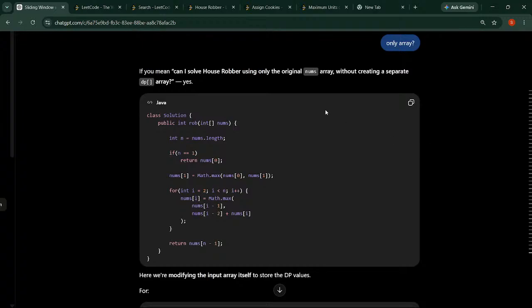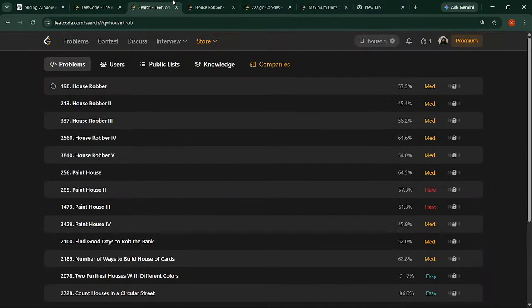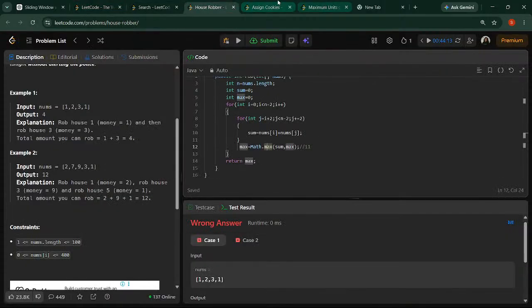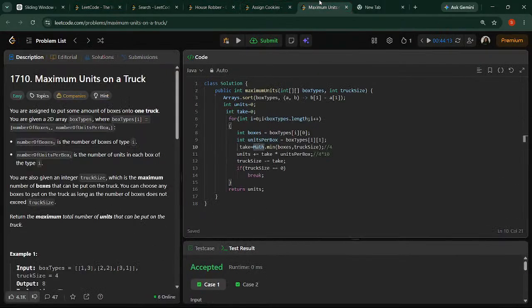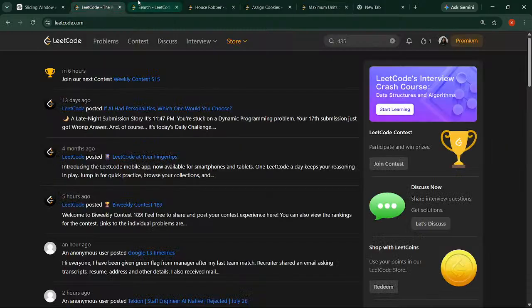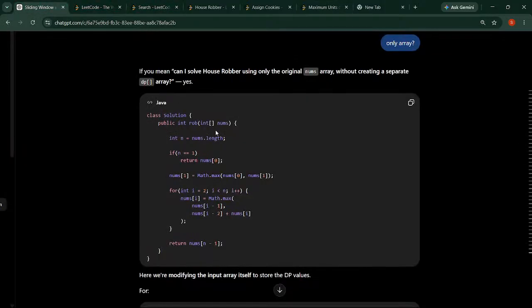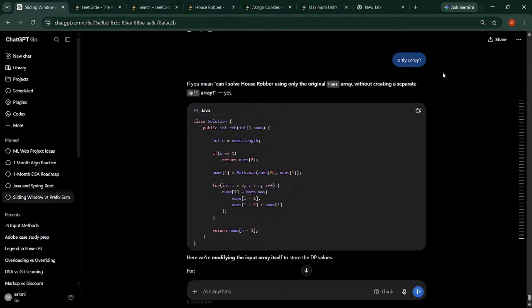Okay, if you mean I can solve this question. Okay, I will be doing this question tomorrow and will be continuing with the more grid problems. And I will try to solve it first and on my notebook only. And I can kind of write it down, the work for tomorrow. I should complete the house robber and greedy problems.